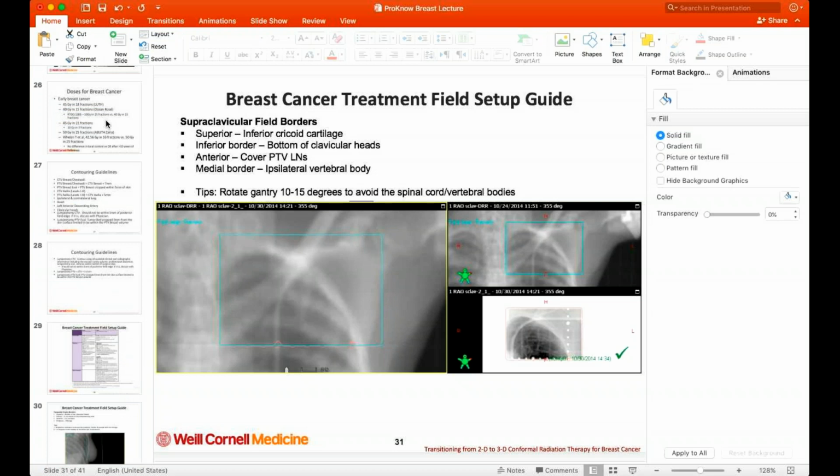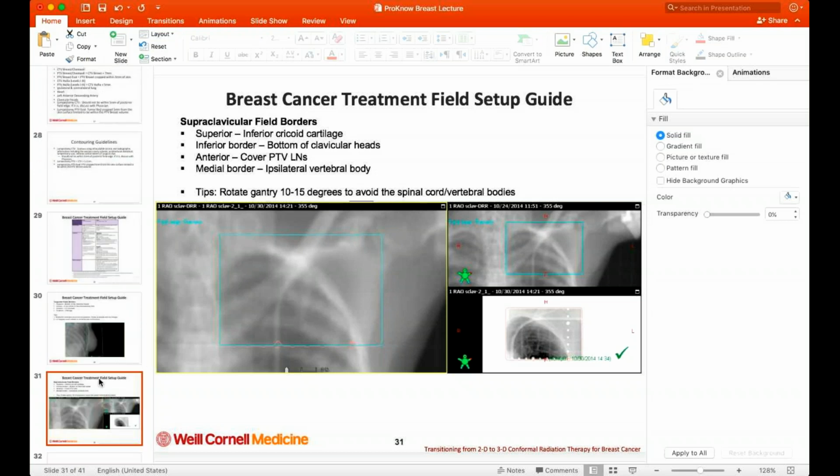The spinal cord tolerance, max dose ideally would be around 45 gray, but that's calculated in 1.8 gray fractions. So if you're giving 45 gray in 22 fractions, you can't just accept a 45 gray maximum dose for the cord. You have to go a little lower because you're giving a higher dose than 1.8 gray per fraction. So just rotate the gantry 10 to 15 degrees for the supraclavicular field in order to make sure you're protecting the spinal cord.